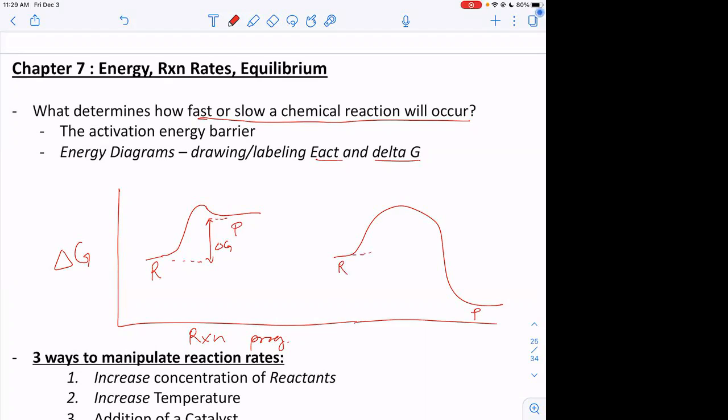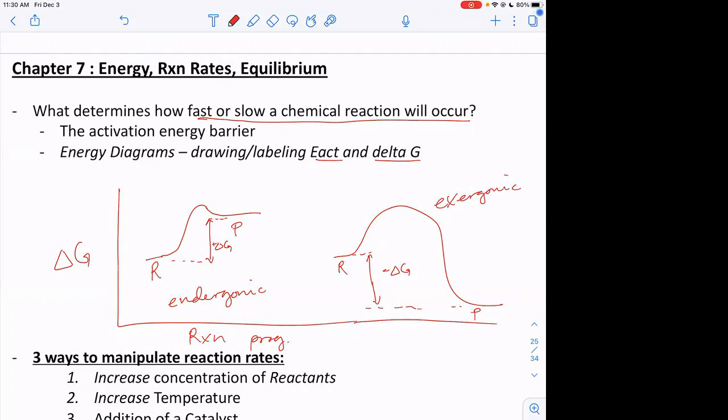From here to here, this is a negative delta G. This one was a positive delta G, so this one would be endergonic, and this would be exergonic.